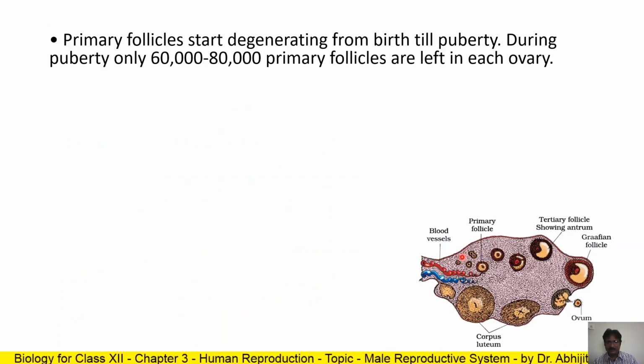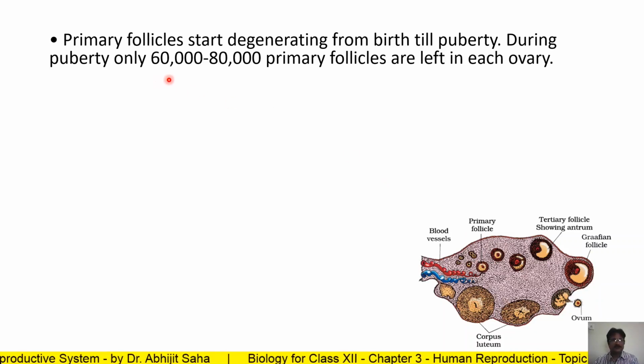Now, if you see this structure, this is the ovary and these are the primary follicles. These are the several stages. Primary follicles will form secondary follicles, then tertiary follicles, and then Graafian follicles, and then it will release the ovum. And finally it will form the corpus luteum. So these are the several stages.